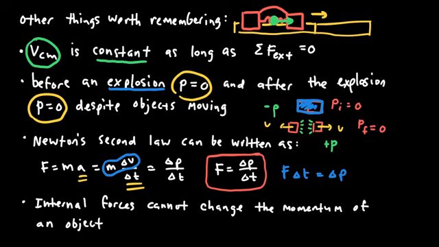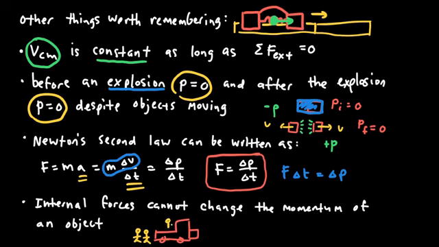Lastly, a comment that I made earlier is the idea that internal forces cannot change the momentum of an object, only external forces. Hopefully you remember the video of that truck stuck in the mud, with a bunch of people trying to move it. The people standing behind the truck and pushing forward are capable of applying an external force to cause the truck to move forward, to change its momentum.